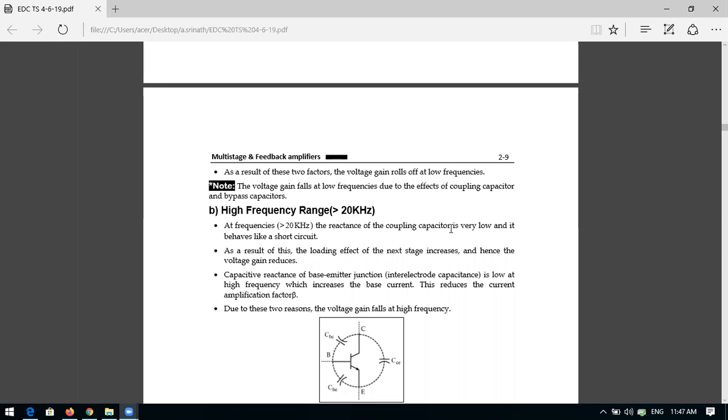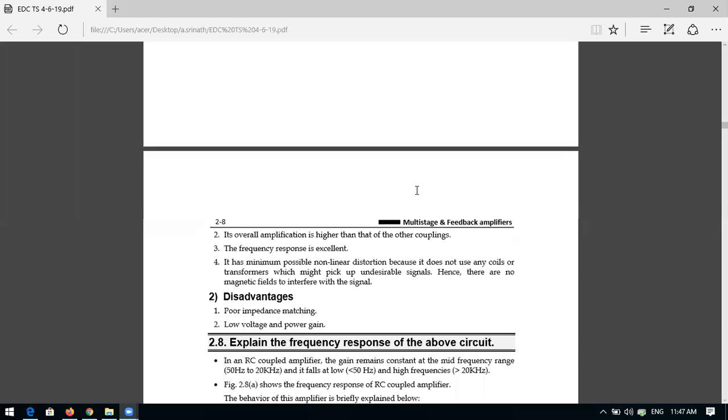So it will act like a short circuit, like a simple wire. Simple wire means there is no impedance matching and there is a high loading effect. You are connecting directly; there is no connecting element. The CC capacitor is not there.